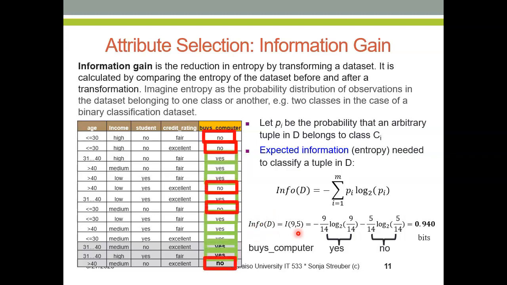That means in our formula that we have minus 9 over 14, that's our yeses, multiplied by the logarithm to the base of 2 of 9 over 14, minus 5 over 14, those are the no's, multiplied by the logarithm to the base of 2 of 5 over 14, and that gives us an expected information, that is an entropy of 0.940 bits. That's what we're starting with.